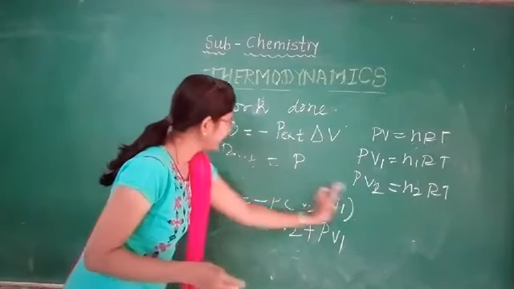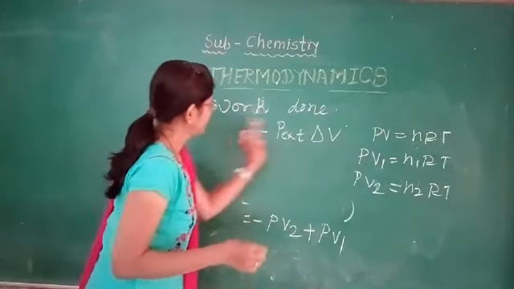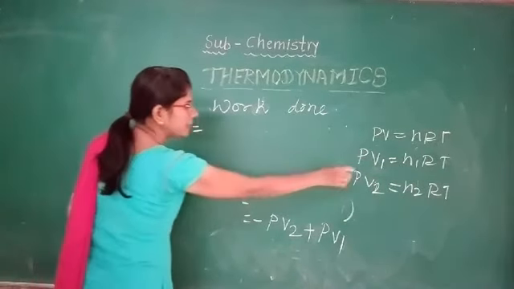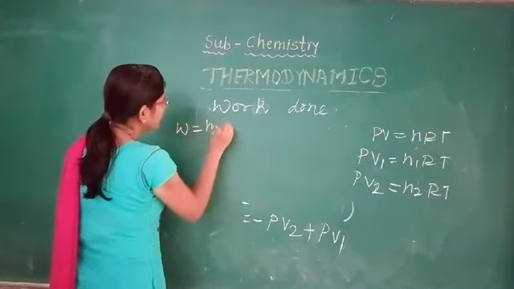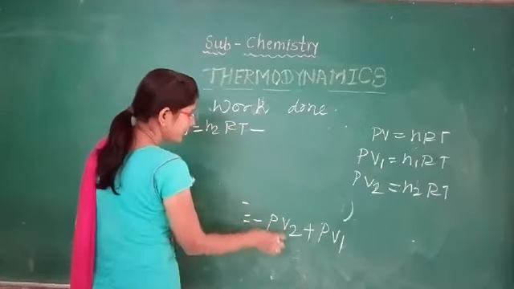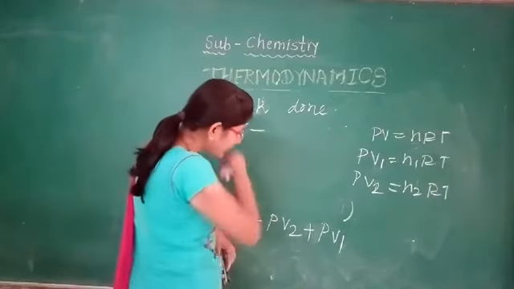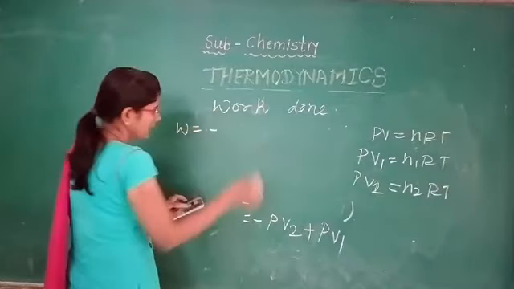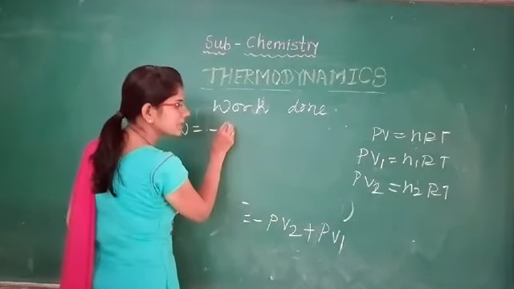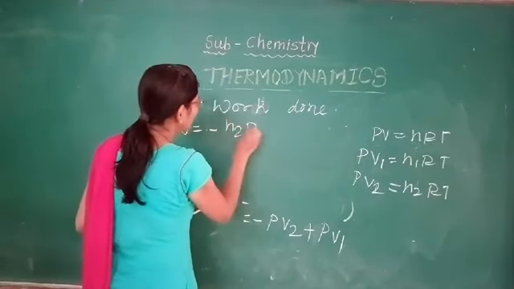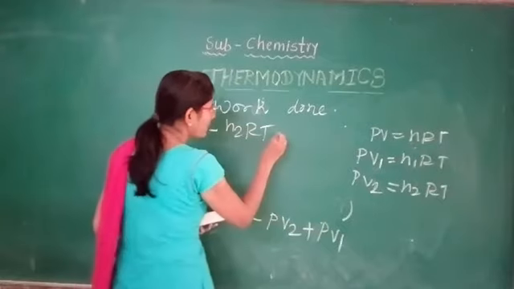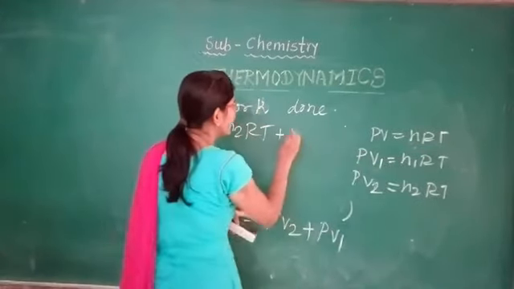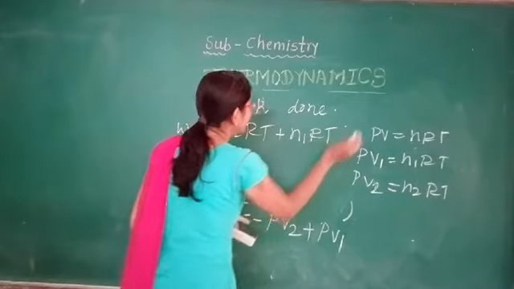Here we get W equals minus PV2, which means N2RT, plus PV1, which means N1RT.